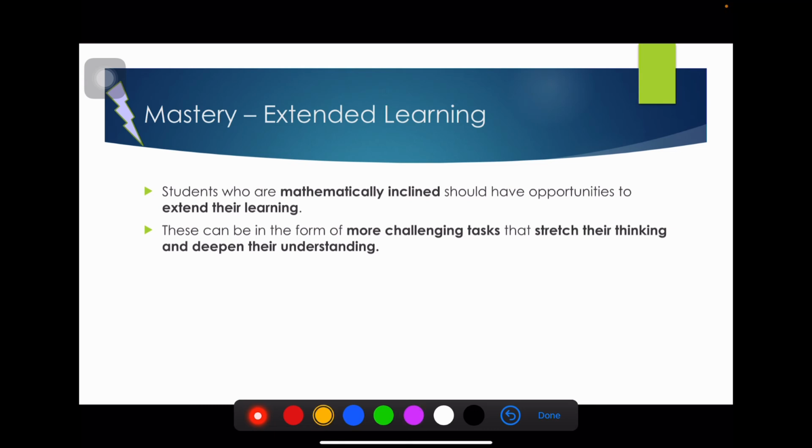Now the last is extended learning. This is where students who are mathematically inclined should have opportunities to extend their learning. That means if these students are very good in maths, you can give them more challenging problems, situations, or case studies so that they can solve the problem.